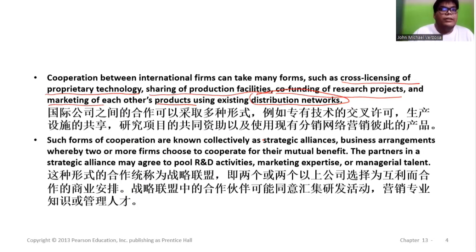Okay, so strategic alliances: business arrangements whereby two or more firms choose to cooperate for their mutual benefit. The partners in a strategic alliance may agree to pool research and development activities, marketing expertise, or managerial talent.